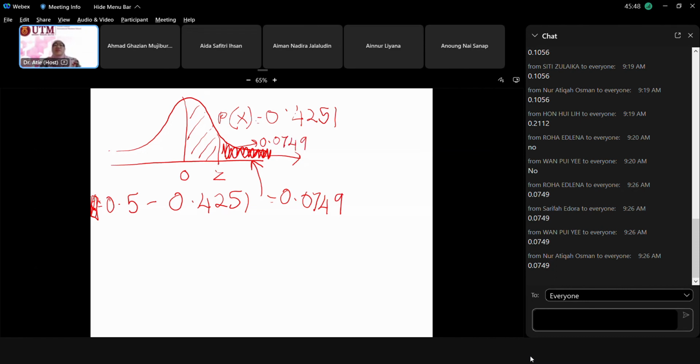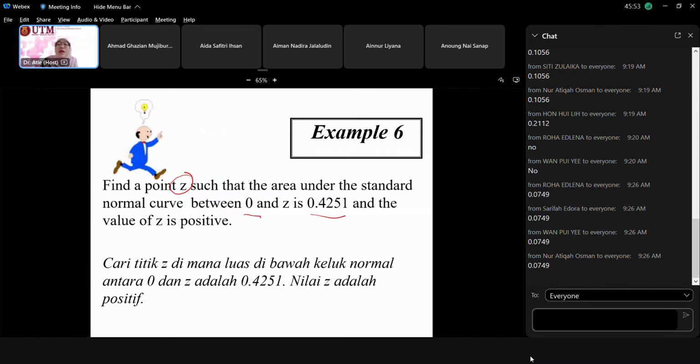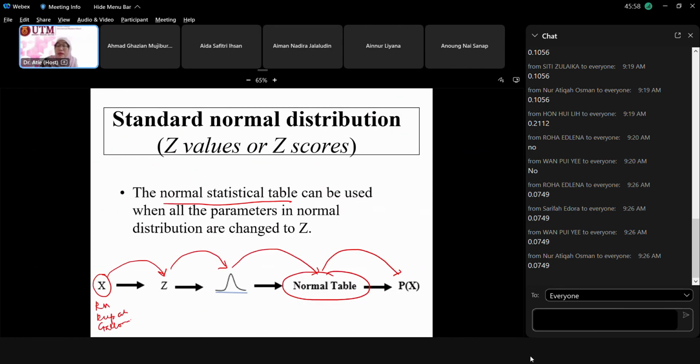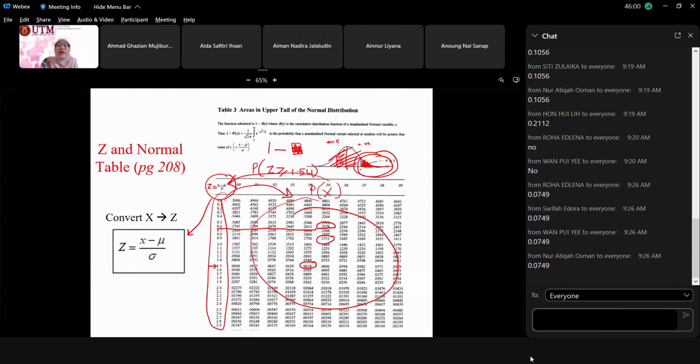So what you need to do now is go to your normal table and try to get the number as close as possible to what we got just now, and then get the value of Z. 1.44, who else?